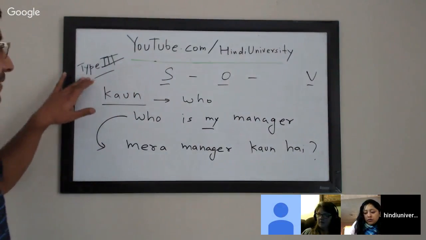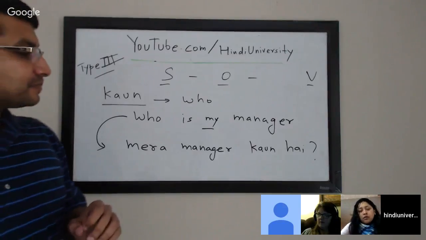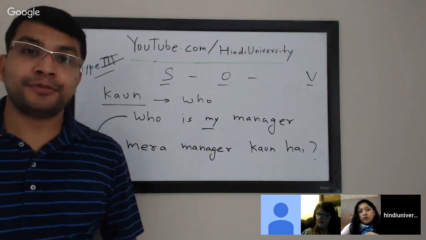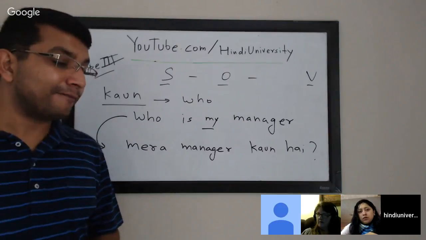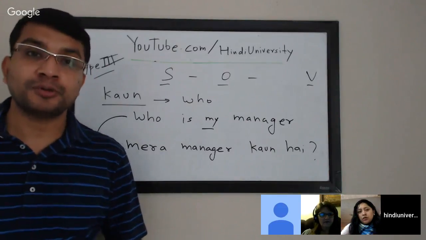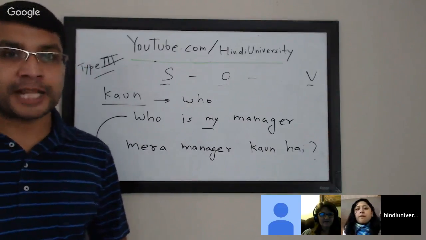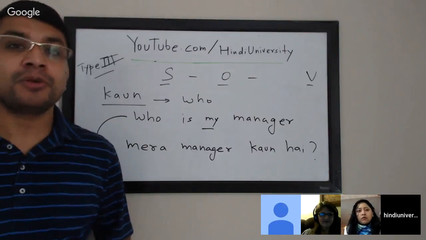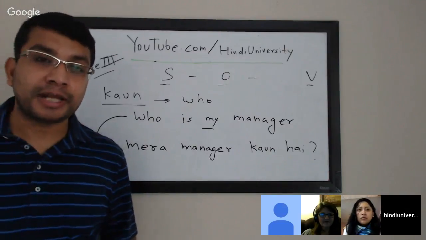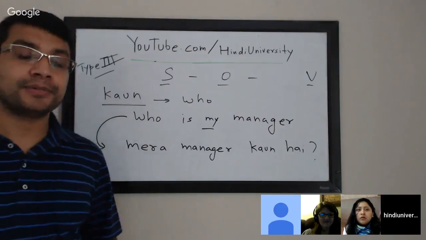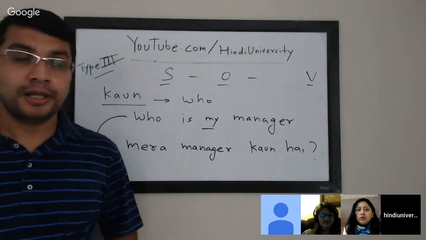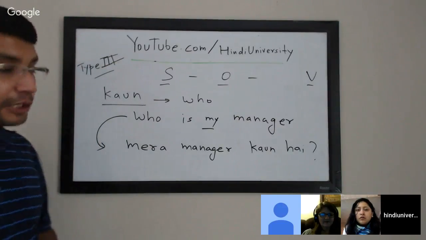So we are still at type 3. Just to do a quick recap. We started with defining when to use these possessive pronouns. That was type 1. In type 2, we learned how to use adjectives around the objects you're talking about. And the third one, we started using interrogatives.